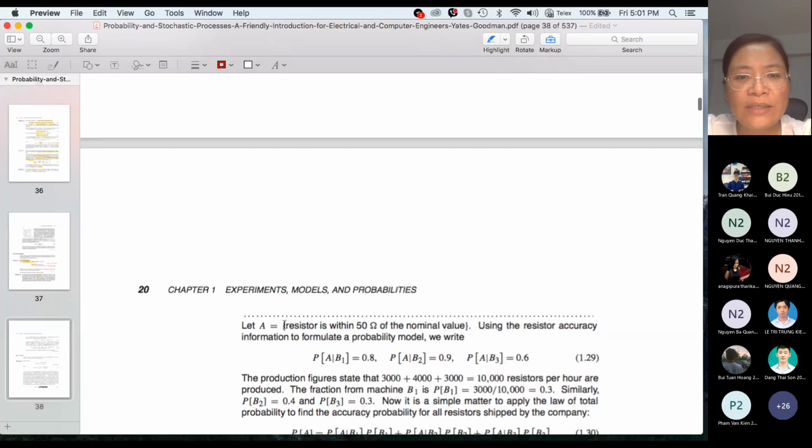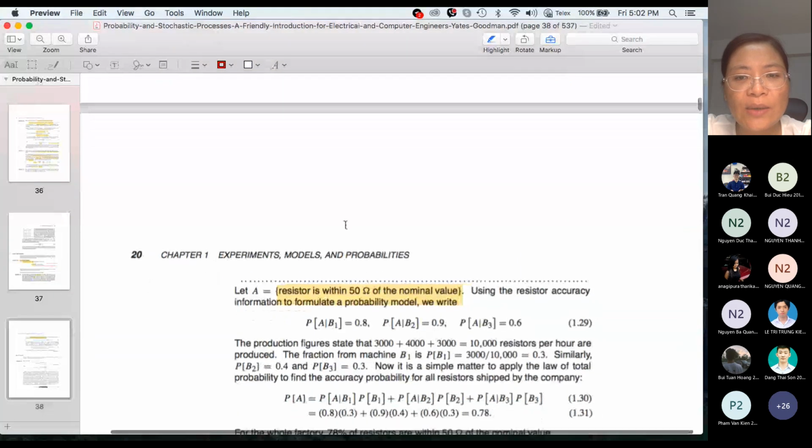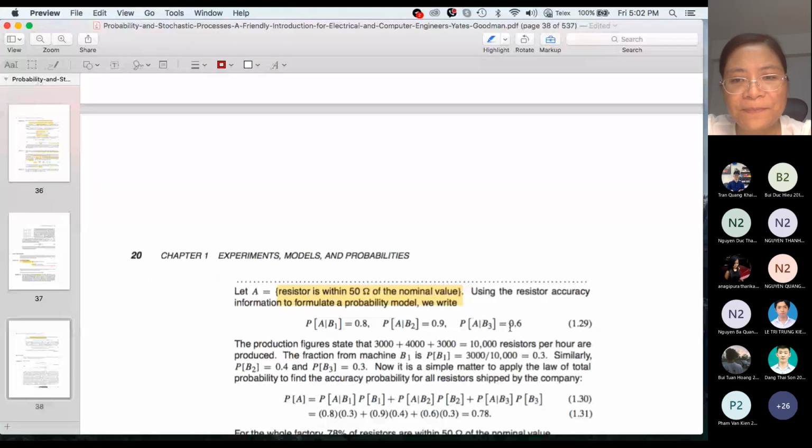Now A is a resistor within 50 ohm of nominal value. People give us that the probability of A given B1 is 80%, A given B2 is 90%, and A given B3 is 60%. So we have the probabilities here: B1 equals 0.3, B2 is 0.4, and B3 is 0.2.